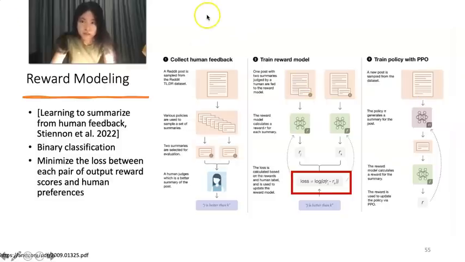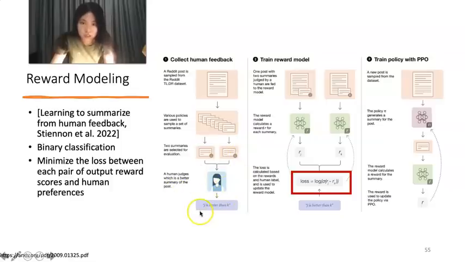Here's a great illustration of how we actually train our reward model. We collect human feedback for our different pairs of responses. Suppose we have this response J and response K. Now we let the human sit here and judge which one's better.